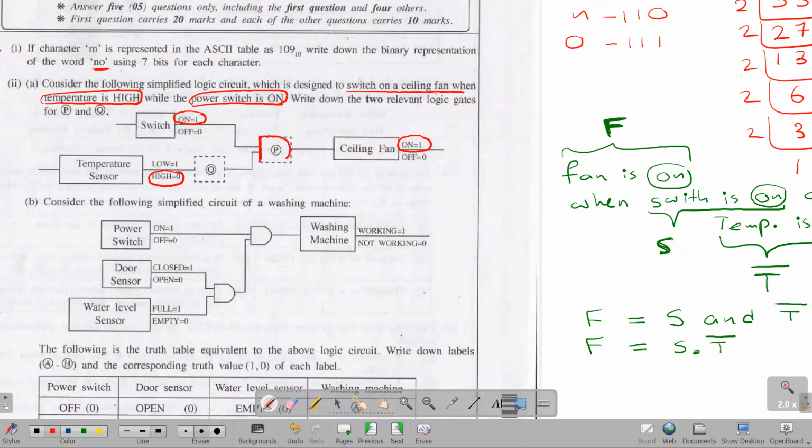AND gate. And Q is going to be a NOT gate. Why is it going to be a NOT gate? Because if T comes from here, this is supposed to be T bar. When S comes from here, this is going to be S anyway. So this will give you S dot T bar. Okay, is that clear, everyone?